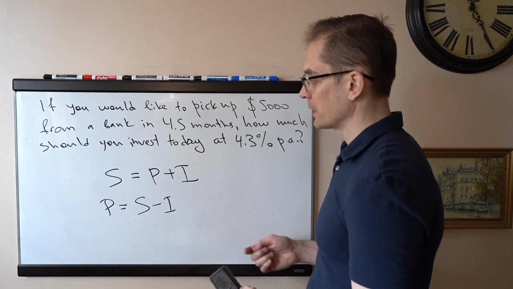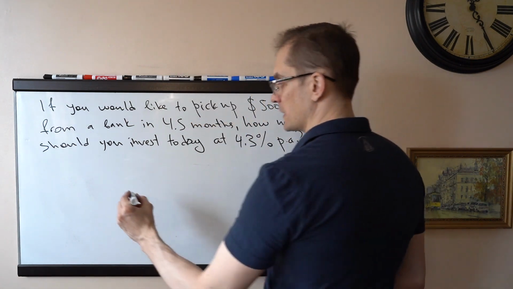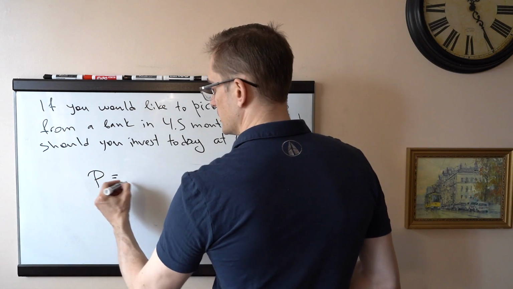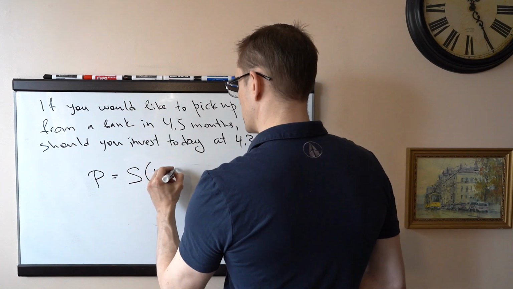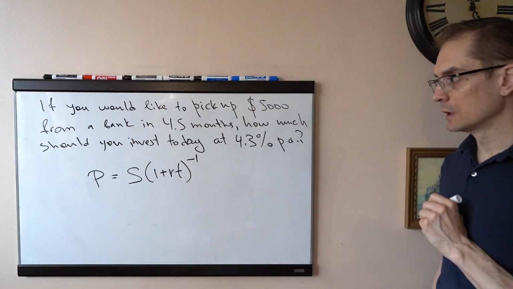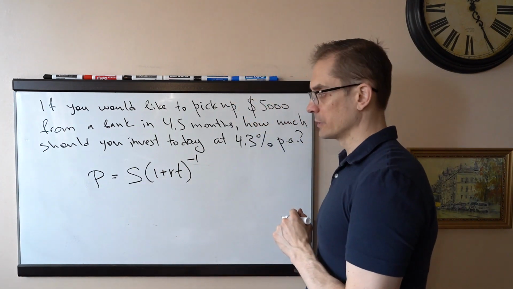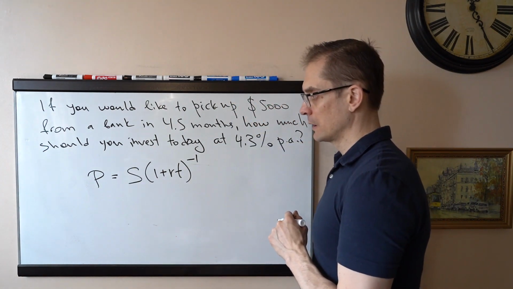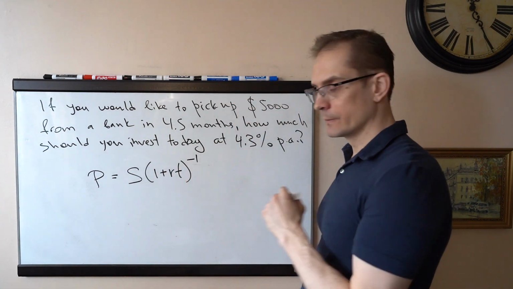So what do we do? The answer is to use another formula, which is P is S times (1 plus RT) to the power of minus 1. So that's how we find principal, right? And that's why this formula is so useful.